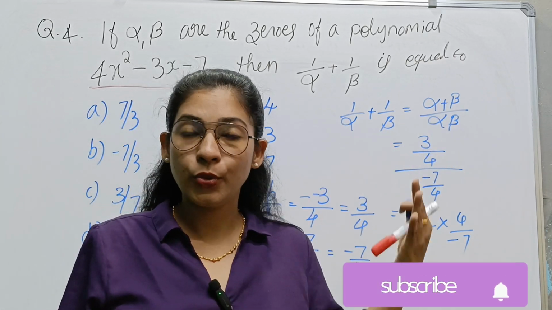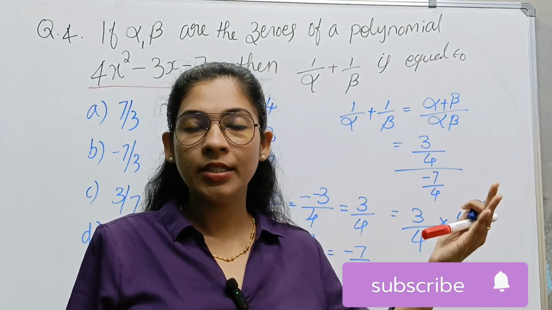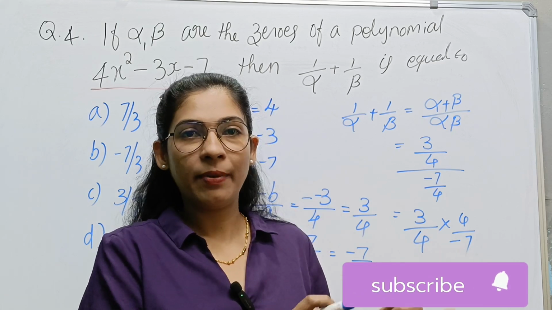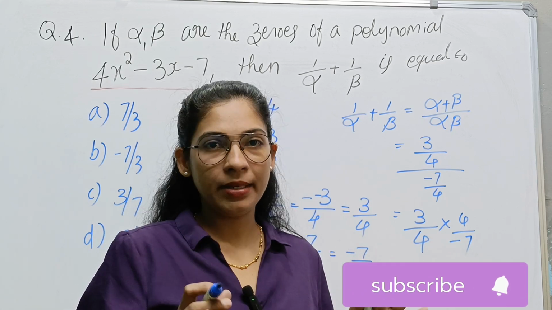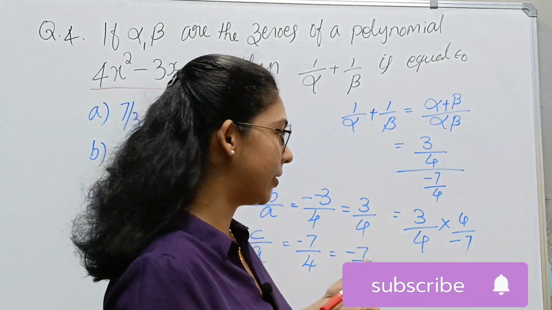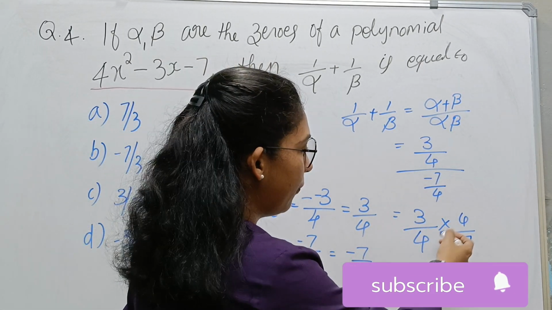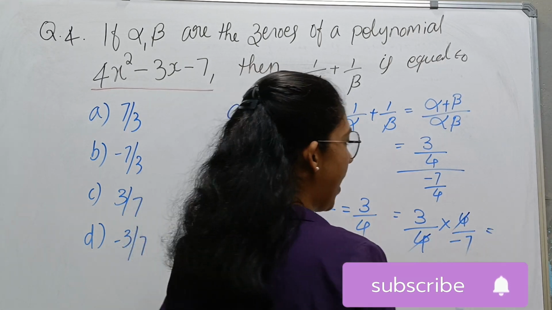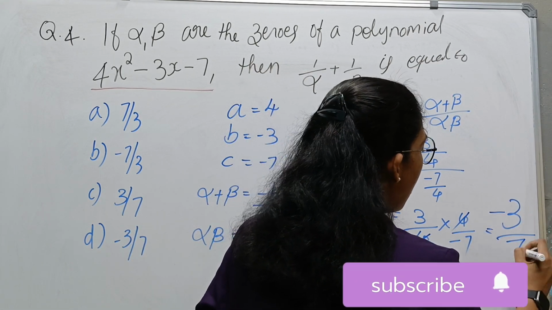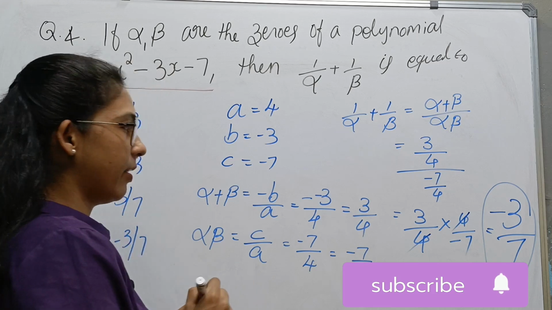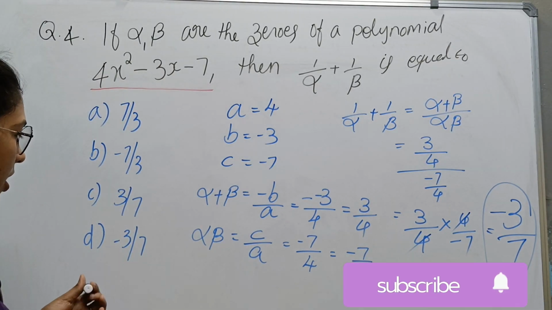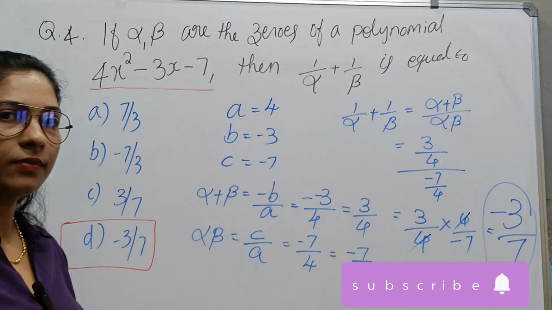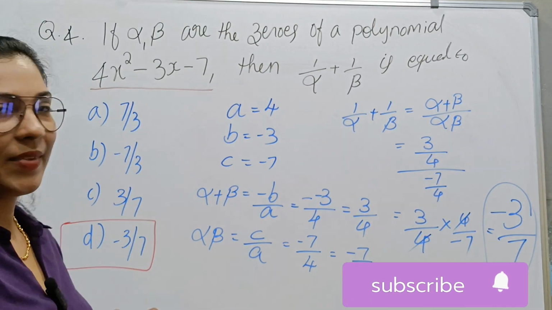If we divide two fractions, we convert the divisor fraction into its reciprocal and multiply both the fractions. That is the method for dividing two fractions. So we take 3 by 4 into 4 upon minus 7. 4 cancelled and the answer is minus 3 upon 7, which is option D. Clear? So this is the answer.